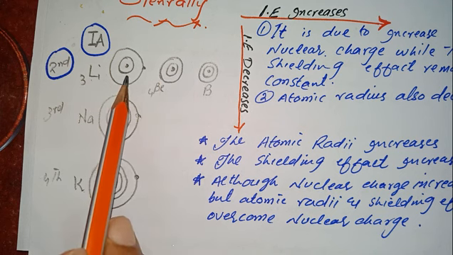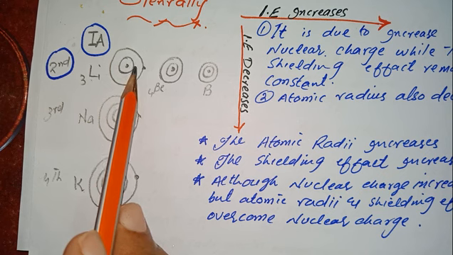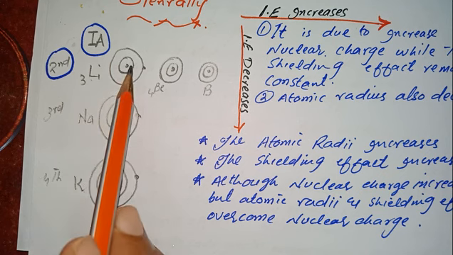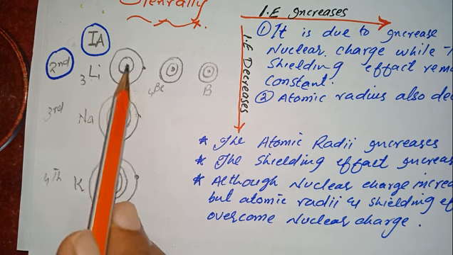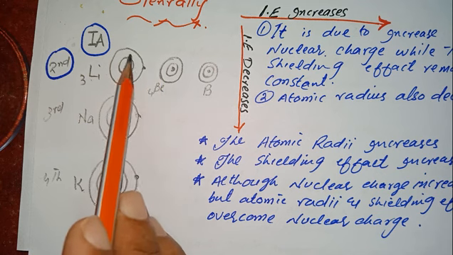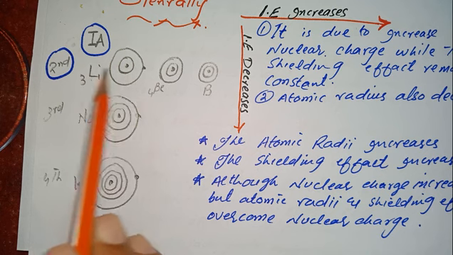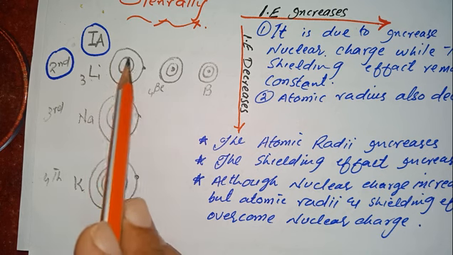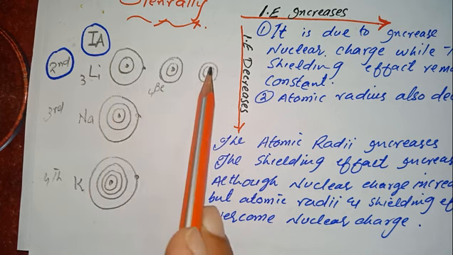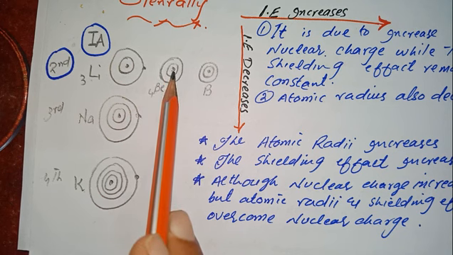The nuclear attractive force on the valence electron increases. Secondly, with the increase of nuclear charge, the number of shielding electrons remains constant. All these three elements have only two shielding electrons, so the shielding effect remains constant.